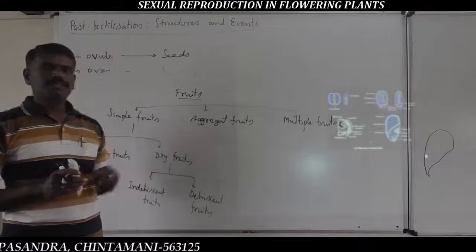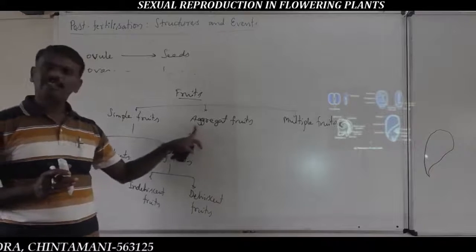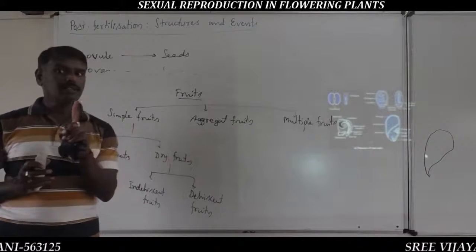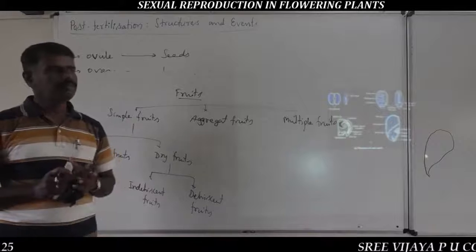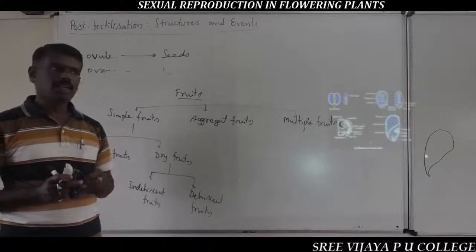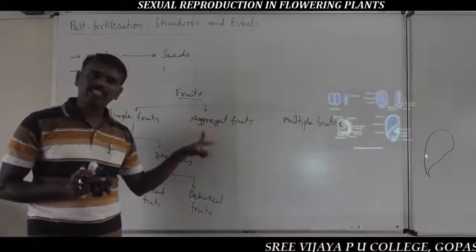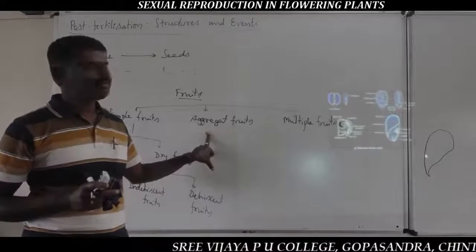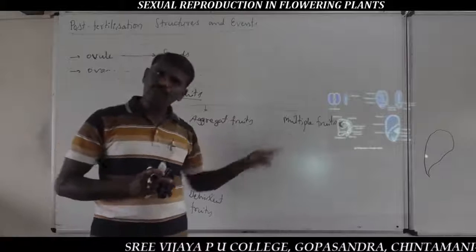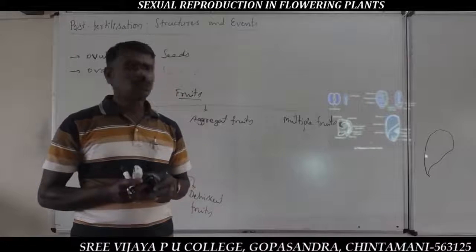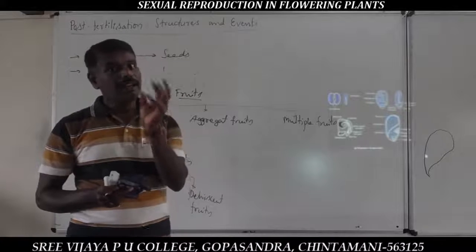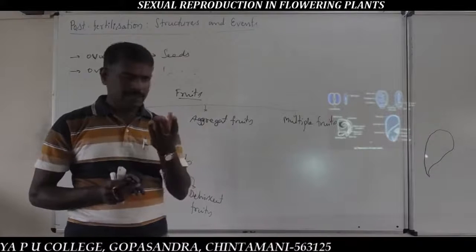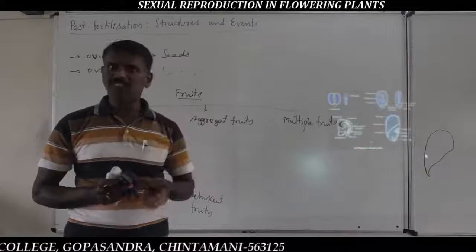Now aggregate fruits. Here the fruits are formed from a single flower with a multicarpellary apocarpous ovary. The multicarpellary apocarpous ovary develops as an aggregate fruit, for example Annona. Multiple fruits are fruits formed by the entire inflorescence, either spike, catkin, or spadix inflorescence.